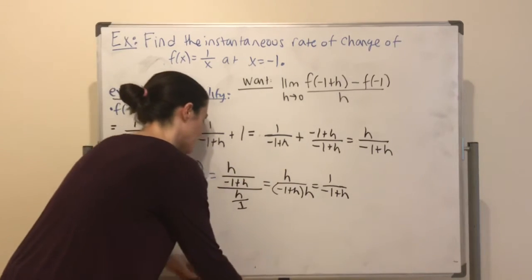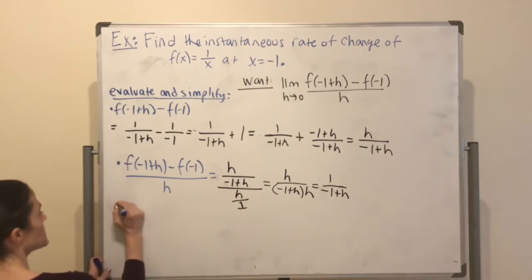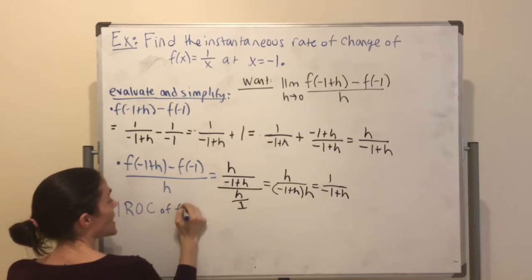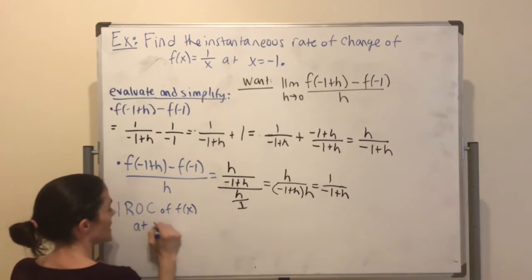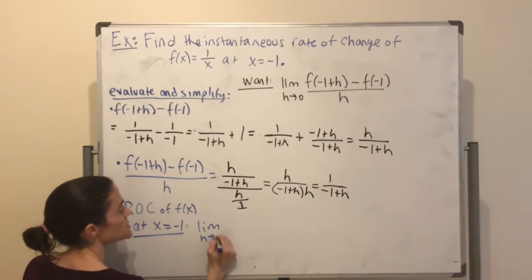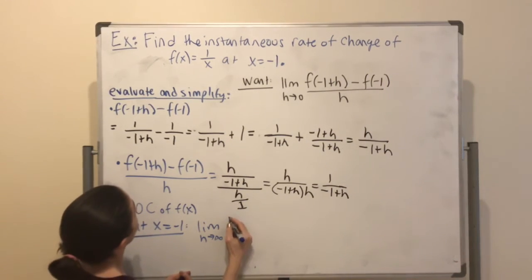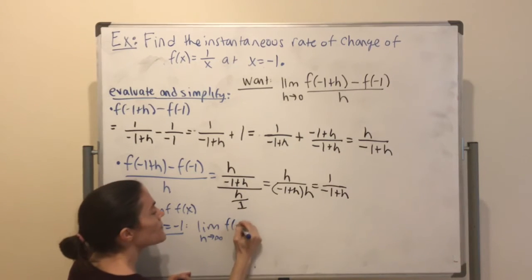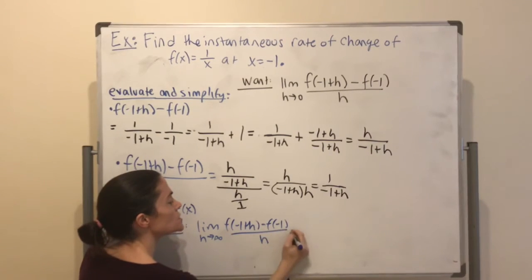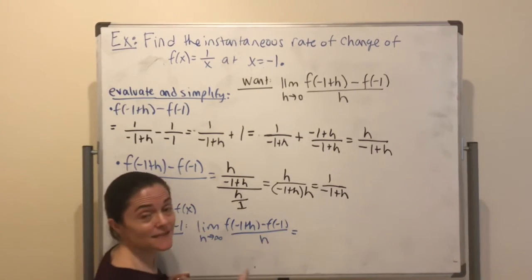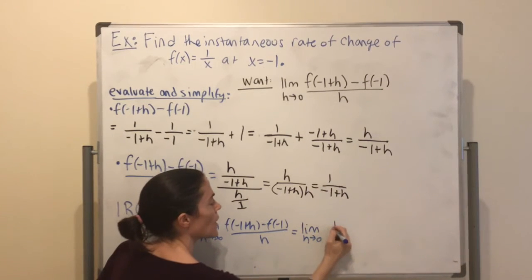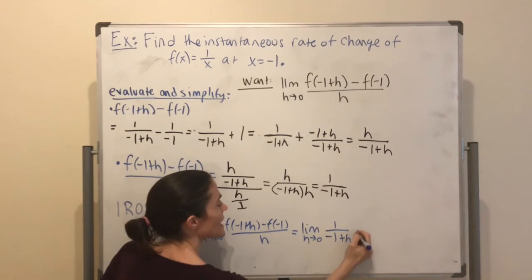So now, the instantaneous rate of change of f of x at x equals minus 1, we know it's the limit as h goes to 0 of f of minus 1 plus h minus f of minus 1 over h. But we have simplified this difference quotient to 1 over minus 1 plus h.